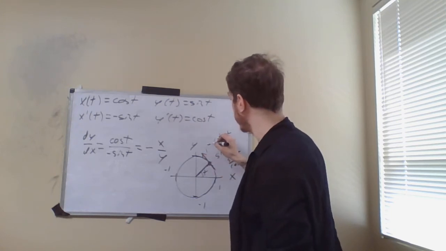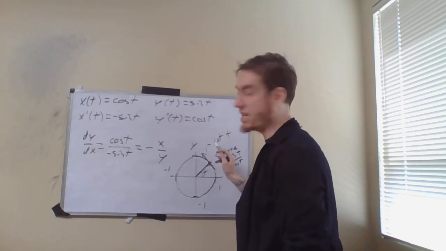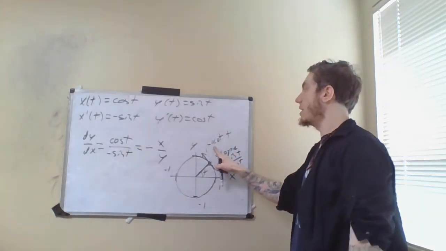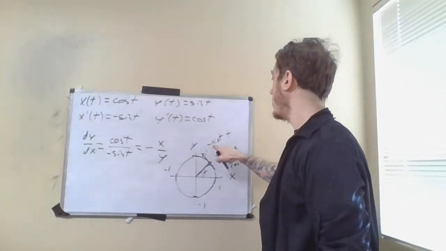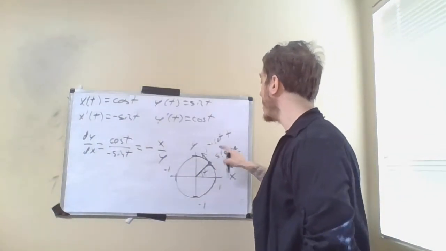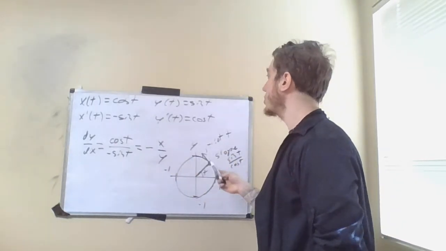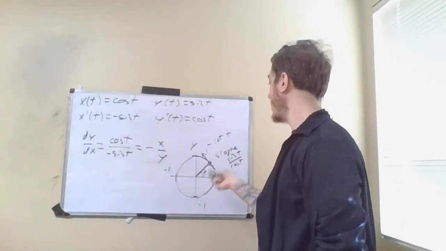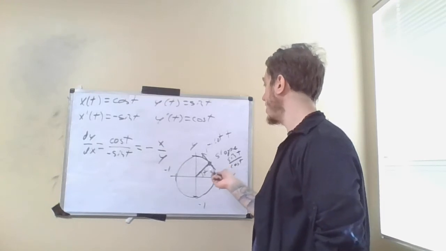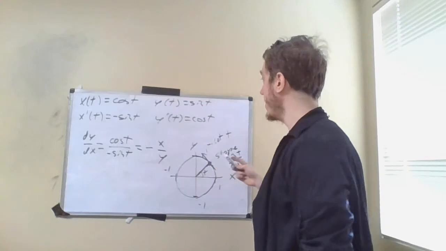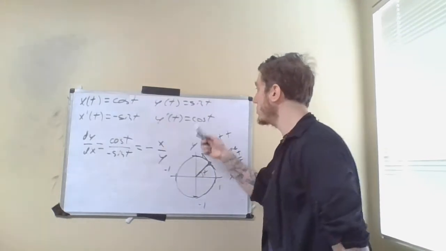So it's negative some constant times cotangent t. And to work out what that constant ought to be, that has to come out to be 1 because I'm moving at a rate of 1. And what that means is that the rate at which my x variable is changing must be negative sine t, and the rate at which my y variable is changing must be cosine t.